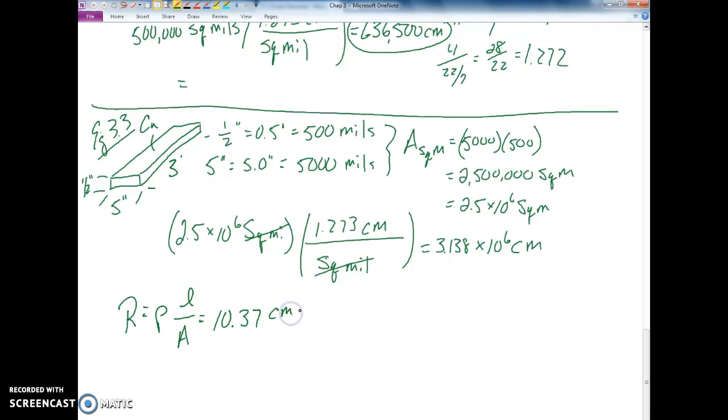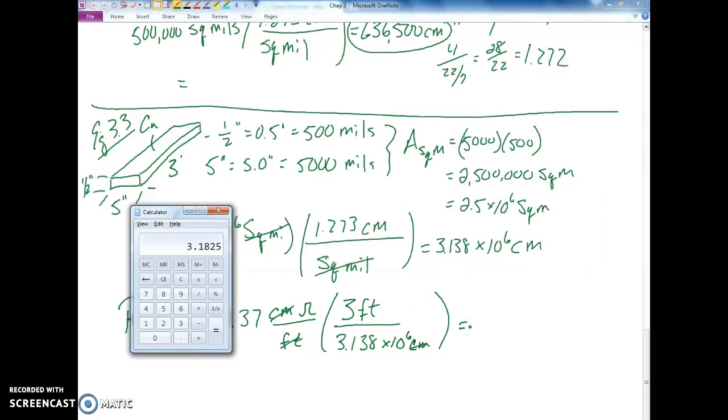I believe the units were circular mil ohms per foot times 3 feet over the area in circular mils, 3.138 times 10 to the 6th circular mils. Our units cancel out nicely here again.